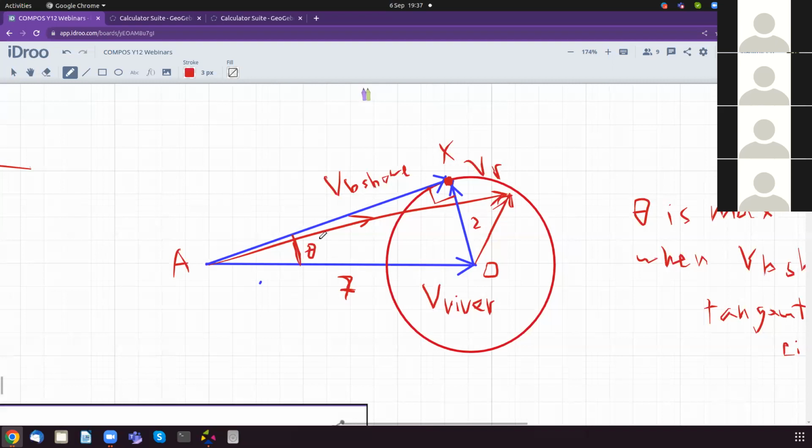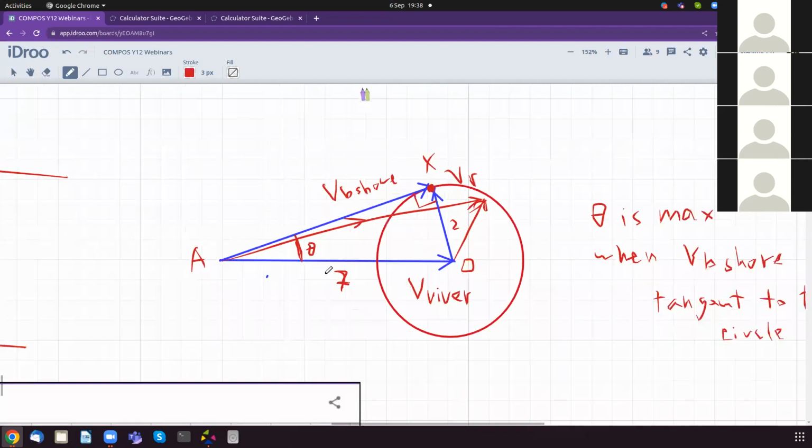Yes, I mean, basically shorting the graph. That would be difficult because you're providing written solutions. Yeah, VB shore is what we are looking for. VB shore and the angle. We need the angle and the VB shore.